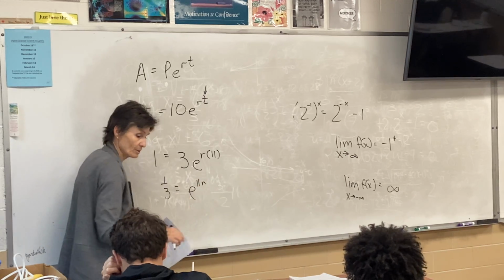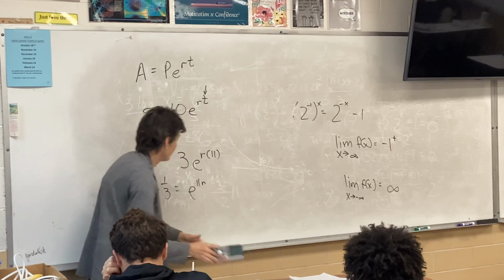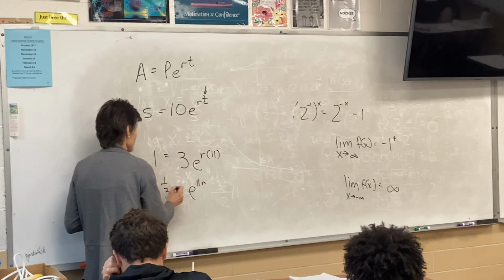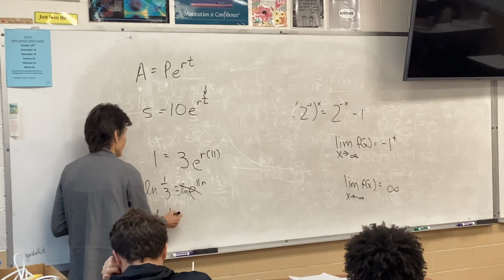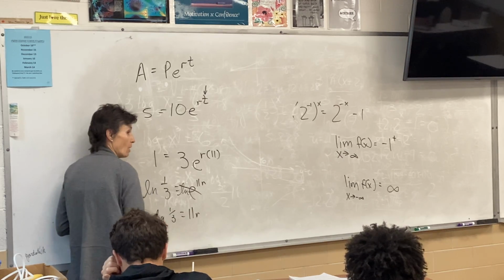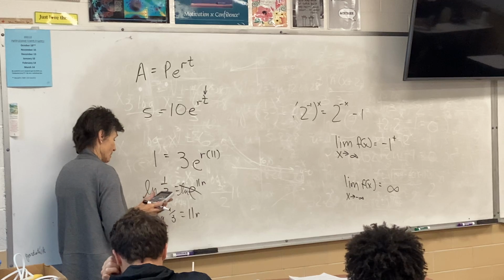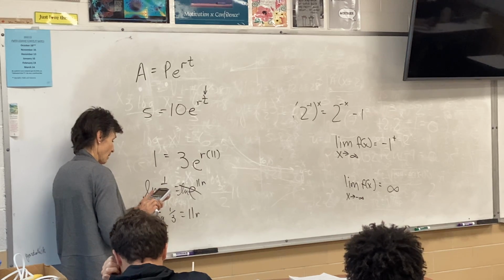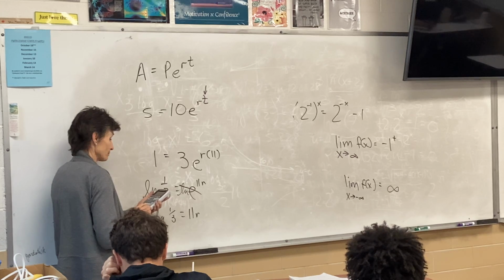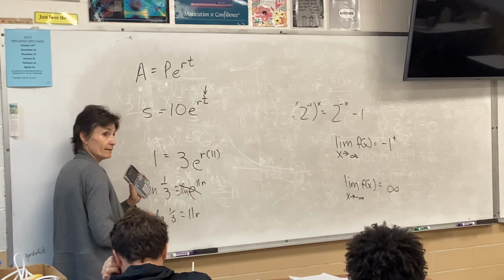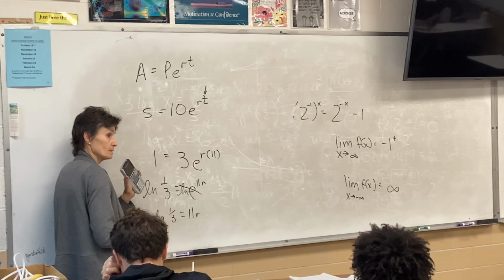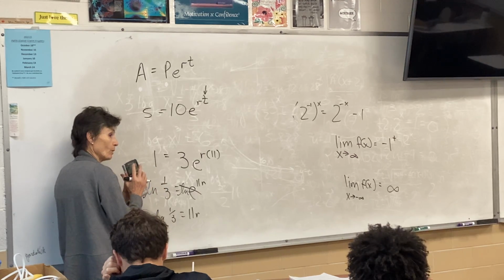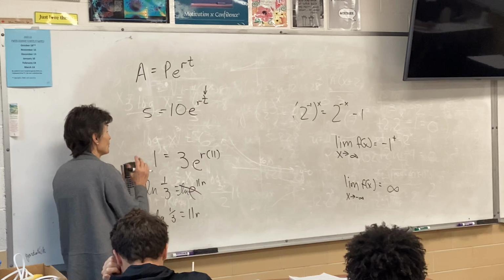Let's leave that 1/3, let's not round that off as a decimal. Now we'll take the natural log of both sides. So ln 1/3 is gonna equal 11R. So ln 1/3 divided by 11, negative 0.099. Now I'm gonna hold on to that, that's my R value.